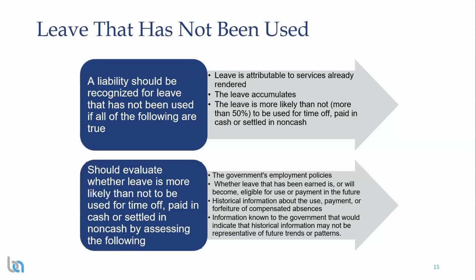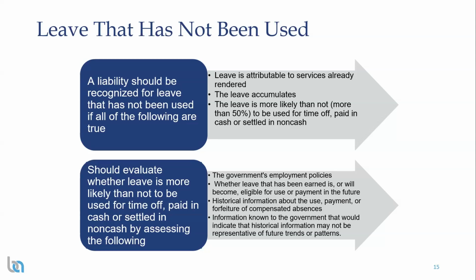And since we don't pay for sick leave when people terminate or retire, we can assume that anyone who earned 100 hours of sick leave is probably going to use 60% of it. 40% will be forfeited. And that's what is going to be the more likely than not to be paid.